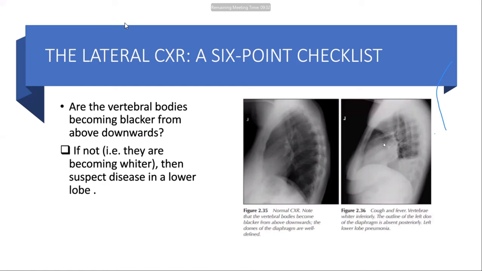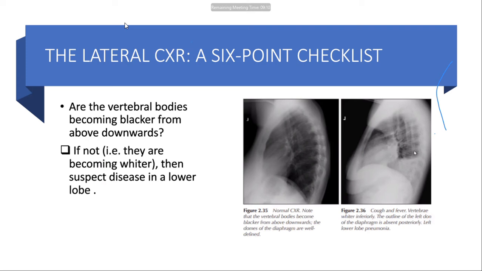In the next figure, it is 2.33. You can see that the vertebral bodies suddenly become whiter. So what is it? The patient actually presented with cough and fever, vertebra white inferiorly. What does it indicate? The outline of the left dome of the diaphragm is absent posteriorly. The left dome of the diaphragm is not visible posteriorly. Why? Because there is a left lower lobe pneumonia.